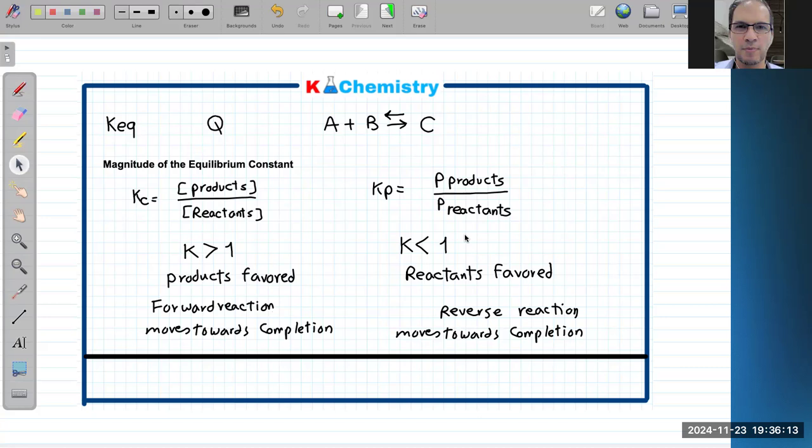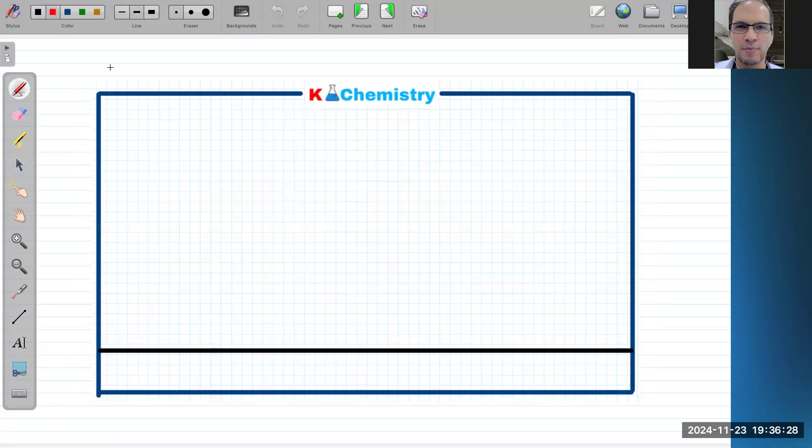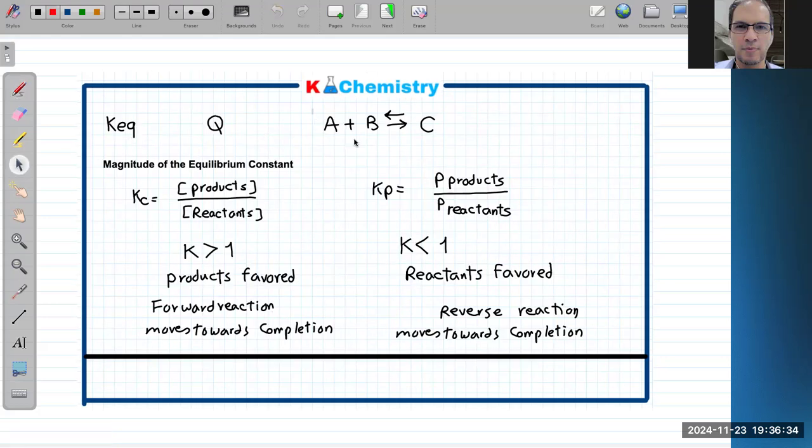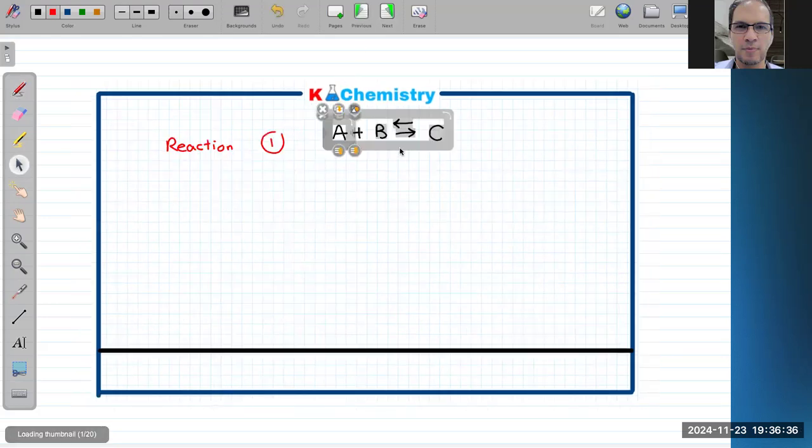So, for example, I can compare the K constant of one reaction and the K constant of another reaction at the same temperature. And the one that has bigger K will have more products. So if I have two reactions, let's say reaction number 1, or even the same reaction done under different conditions, A plus B, for example, is reaction number 1.